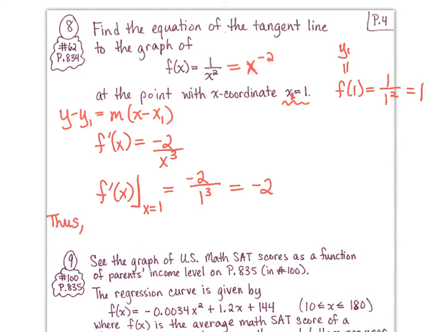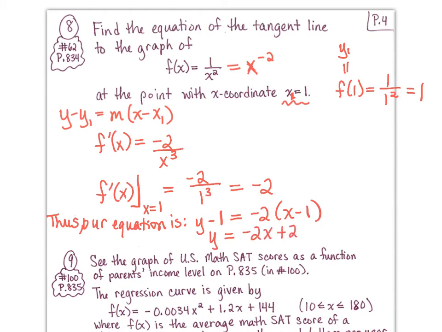So our equation would be given by y minus 1 equals negative 2 times the quantity x minus 1. Or if you put that in slope-intercept form, you would have y is equal to negative 2x plus 2 plus 1, or in other words, what?